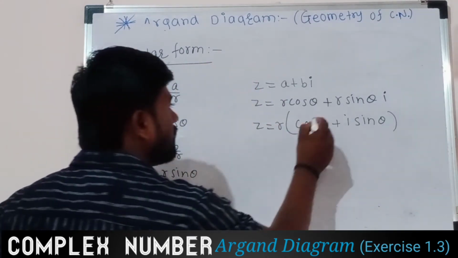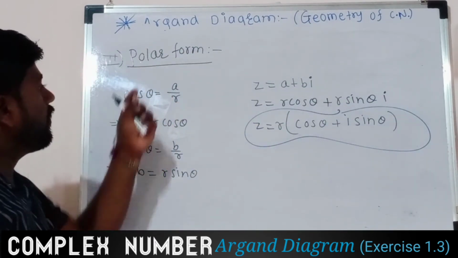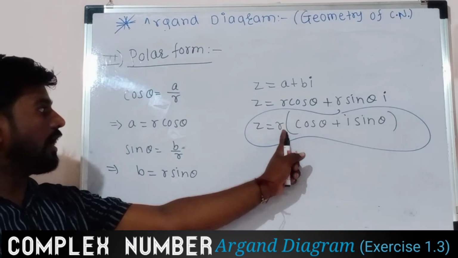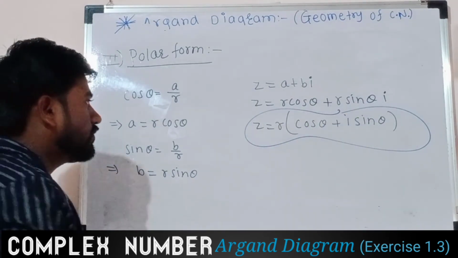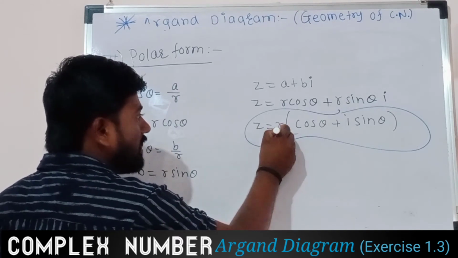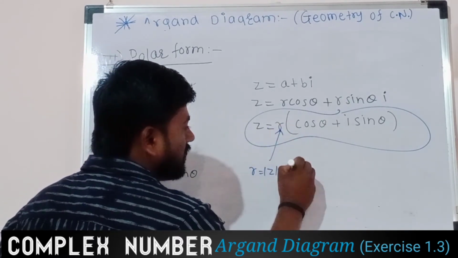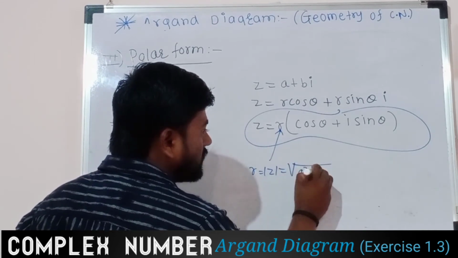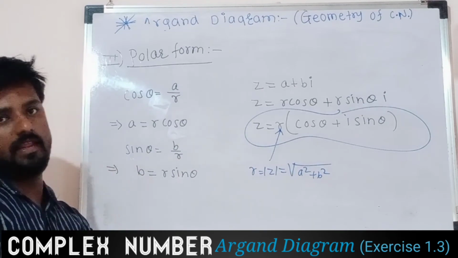So polar form is nothing but z equals r in bracket cos theta plus i sin theta. Here students, remember that r is nothing but mod z, and mod z is nothing but square root of a square plus b square, that is the modulus of the complex number.